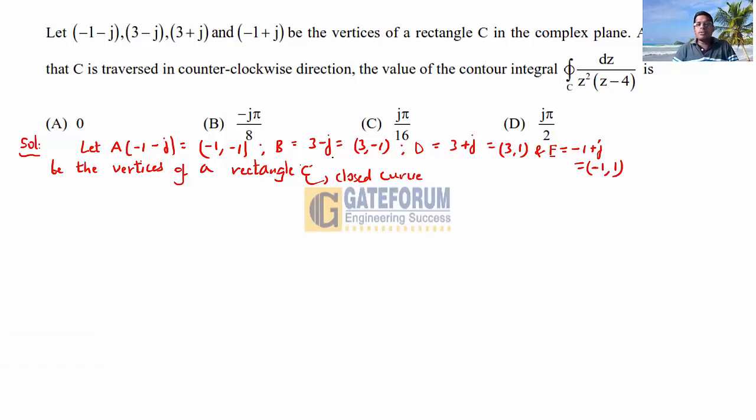So x minimum -1, maximum 3. y minimum -1, maximum 1. x axis, y axis, origin. So -1, and this is 1, 2, 3. And 1, 2.